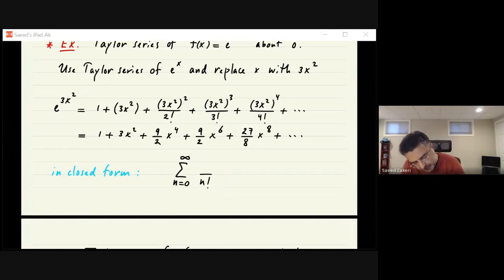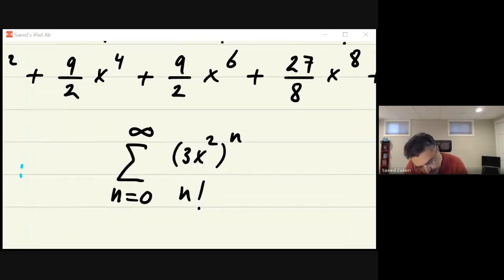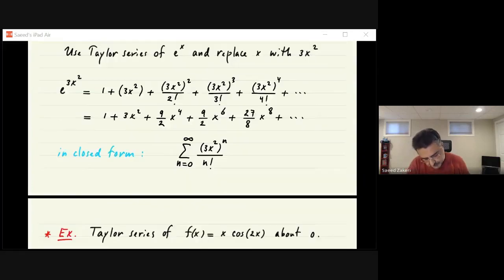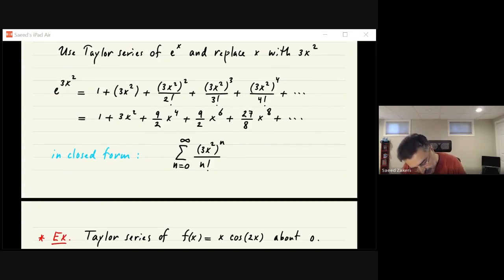So this is going to be (3x squared)^n divided by n factorial, which I can also write as 3 to the n, and then x to the power 2n.